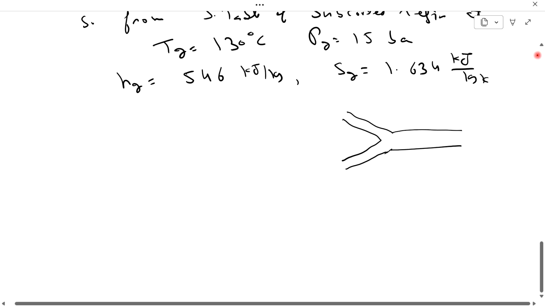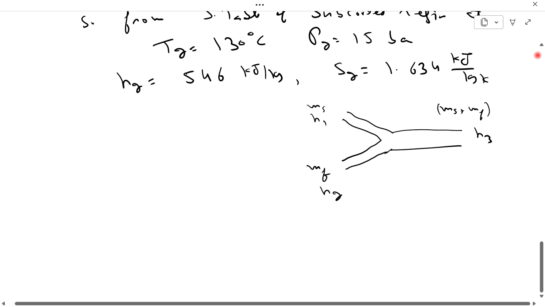This is mass of steam entering, this is enthalpy of steam entering, this is mass of feed water entering to the heater, and this is enthalpy of feed water entering. This is total mass of mixture, Ms plus Mf, exit, and this is H3, enthalpy exit from the heater.